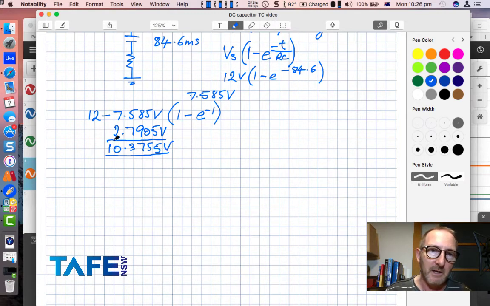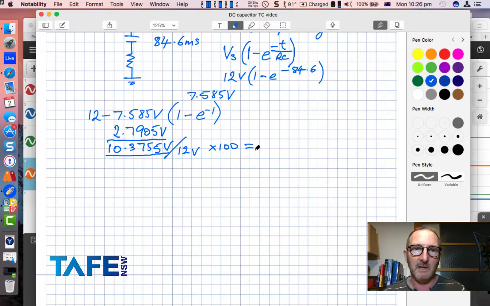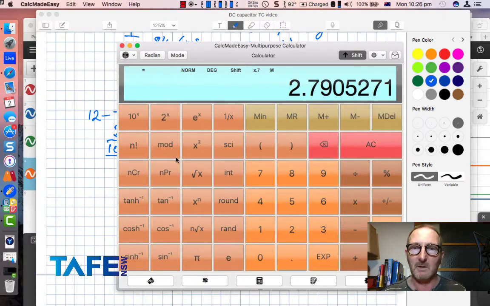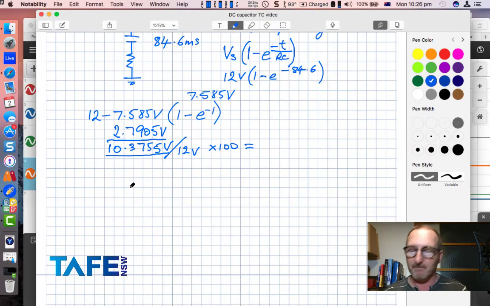Then if I get that as a percentage of 12 volts, times 100, 10.3755 divided by 12 equals 0.8646, 0.864625.